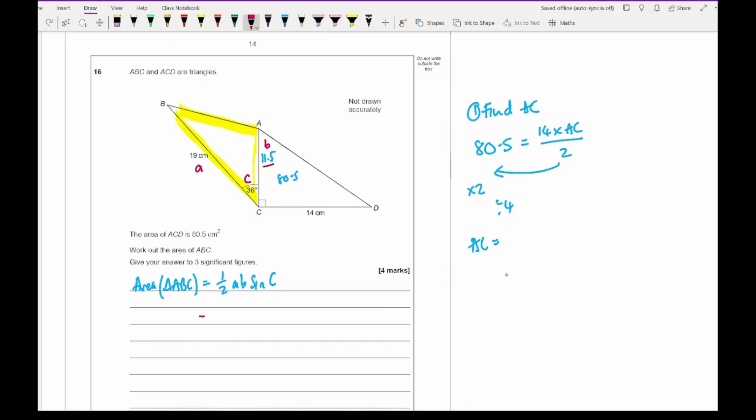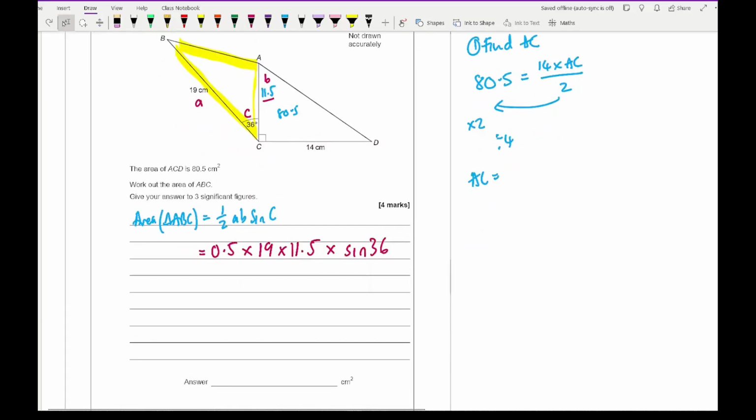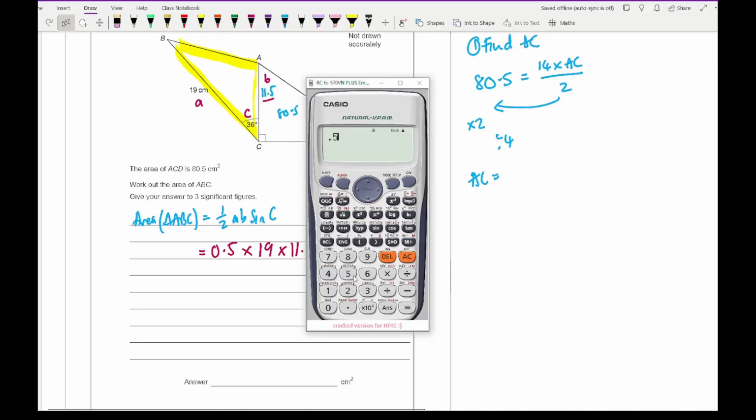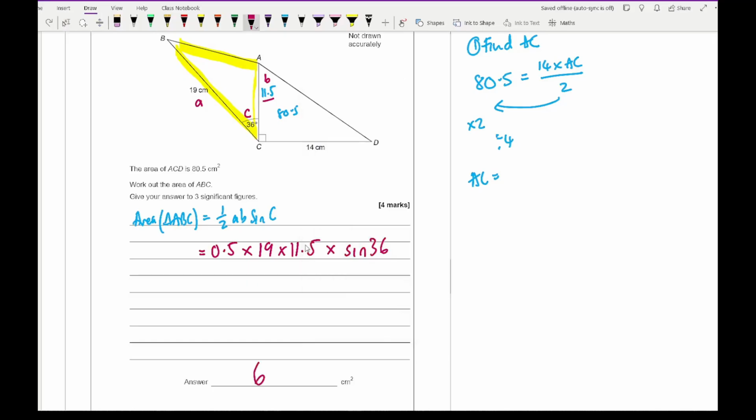So substituting numbers in, I get 0.5 multiplied by 19 multiplied by 11.5 multiplied by sine 36. If I type that into my calculator, press equals, and I get an area of 61.4, which is exactly the answer that I want, rounded to 3 sig fig.